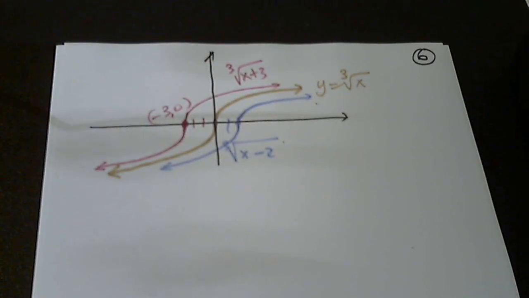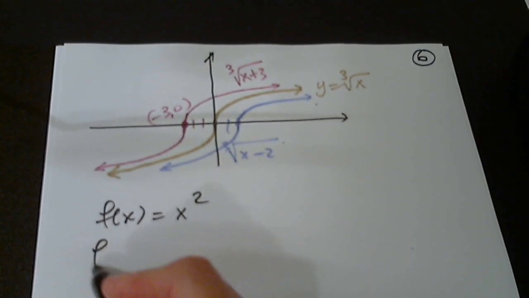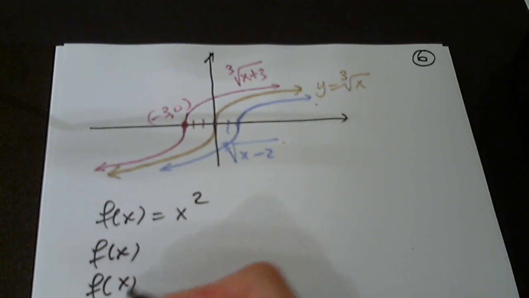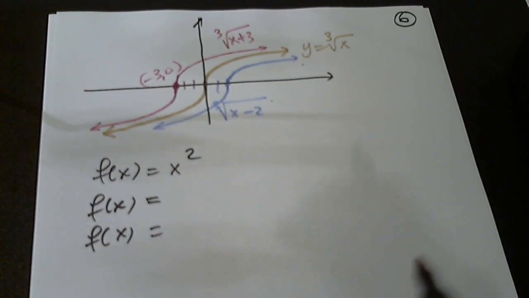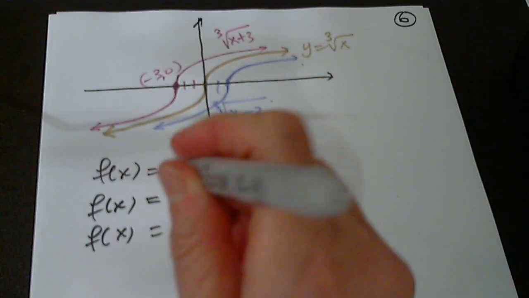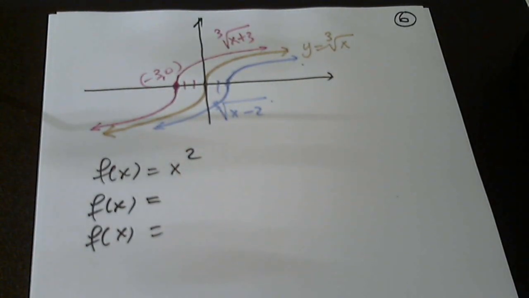So we have f of x equals x squared. Can anyone give us two possibilities? One left shift and one right shift. Just create whatever you want. But remember, you have to change x. Don't say plus outside or minus outside, because that's a vertical shift.